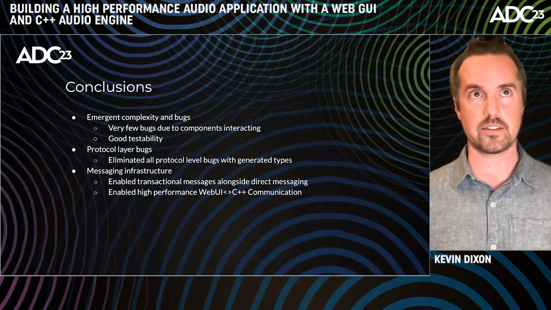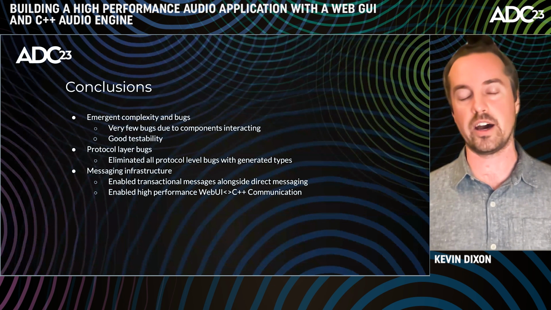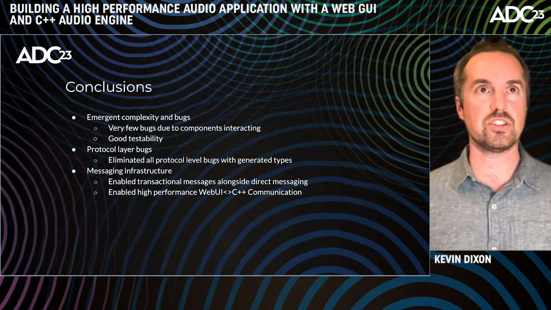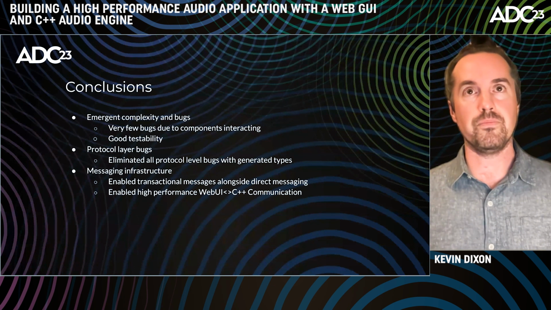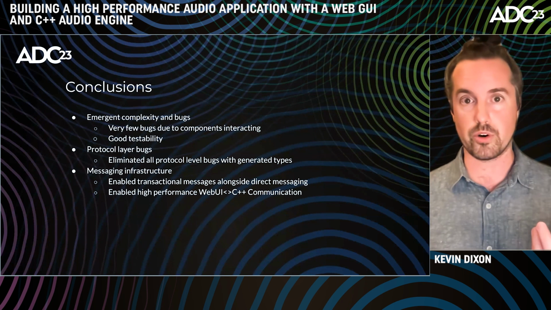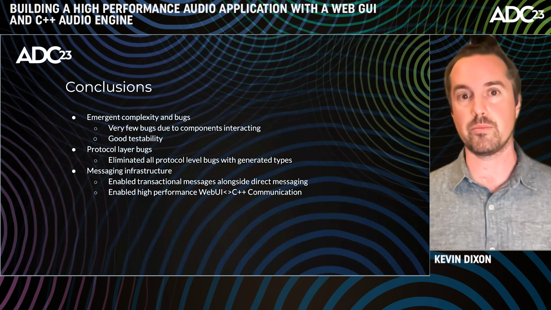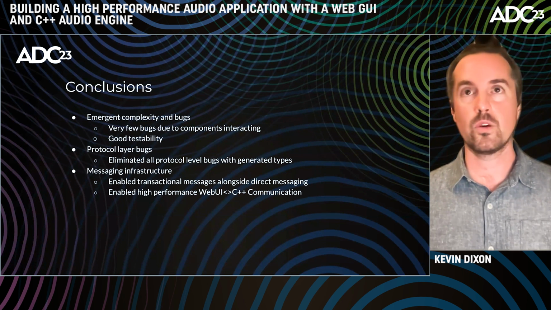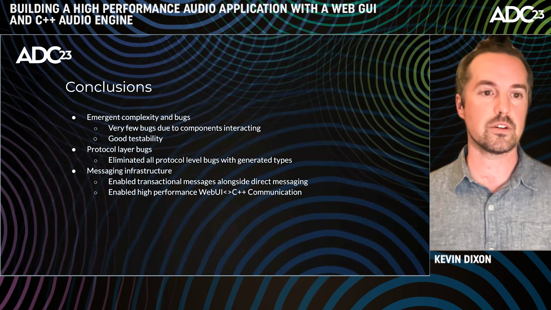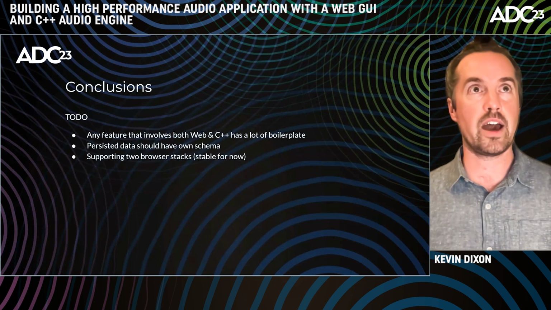QA has never come back and said there's something weird going on, and when we dig into it, it's a protocol issue. The other goals that we had were to support transactional messaging and high-speed performance, both of which we demonstrated were possible. So we're feeling pretty good about that.